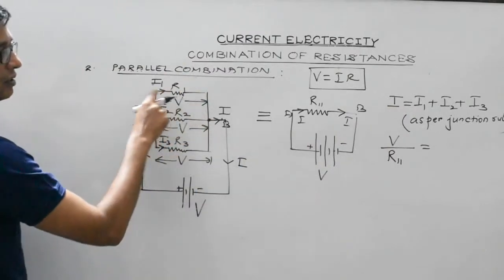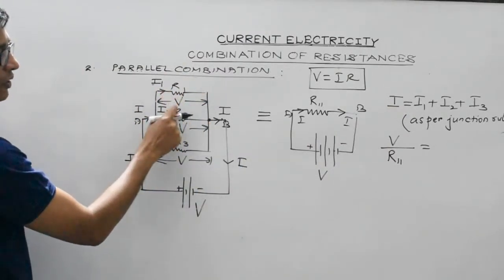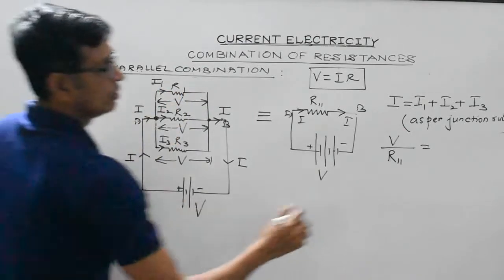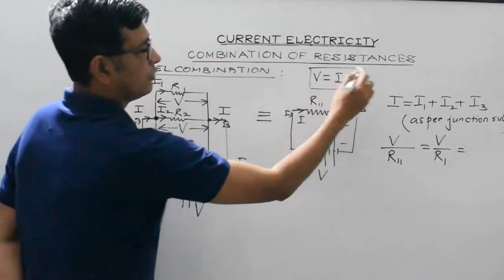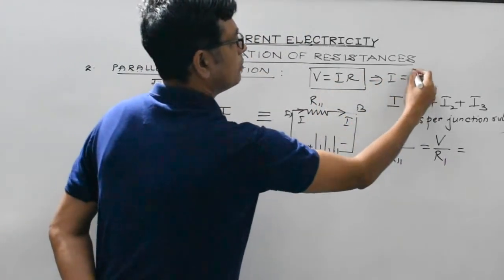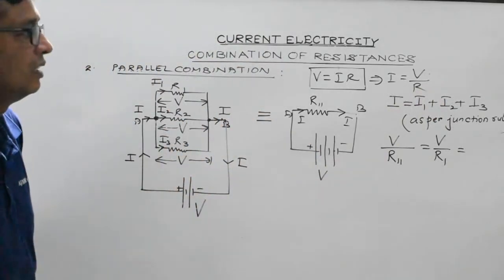I1, consider this branch. The potential difference across this is V and the resistance is R1. So it is V by R1. V equals IR, therefore current is potential difference divided by resistance. So we are making use of this particular formula, right?